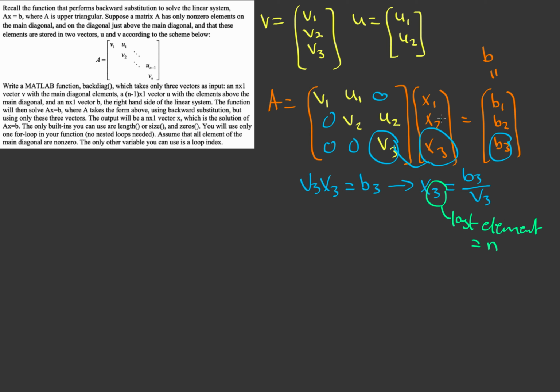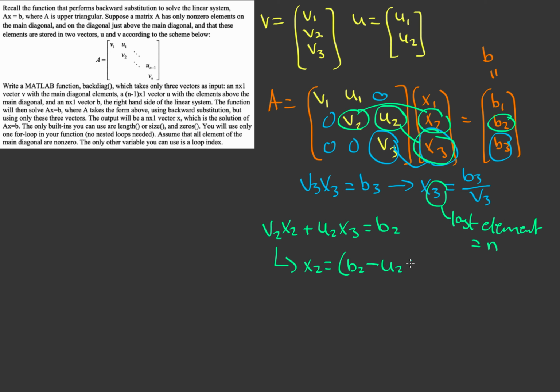Now, if we were to solve for x of 2, we'd say v of 2 multiplied by x of 2 plus u of 2 multiplied by x of 3 is going to give us b of 2. So we have v2 x2 plus u2 x3 is equal to b of 2. If we solve this for x of 2, we get x of 2 is equal to b of 2 minus u2 x3, all divided by v2.